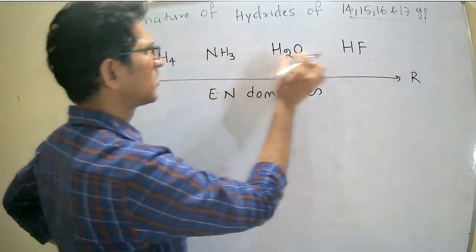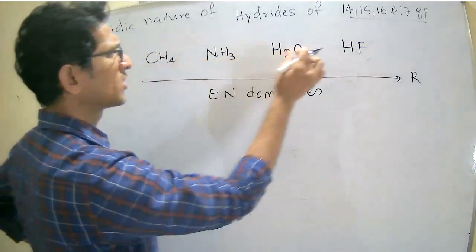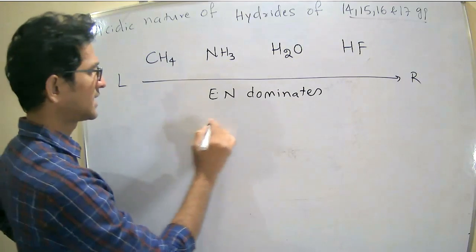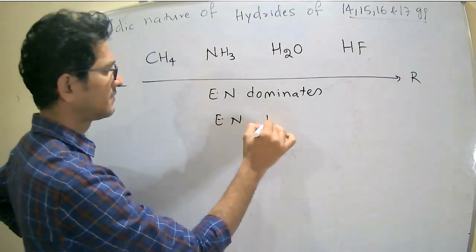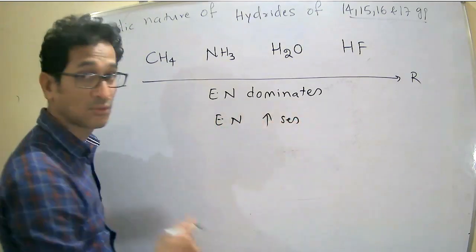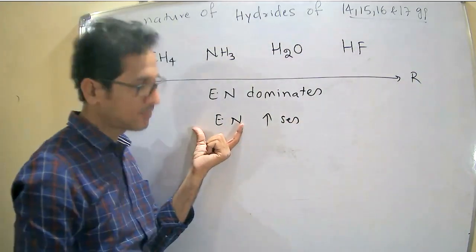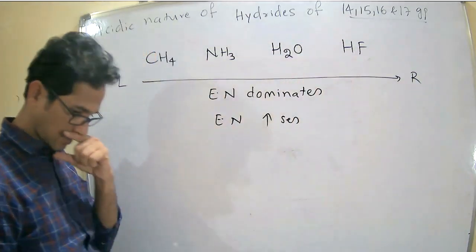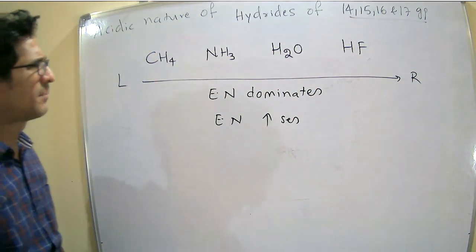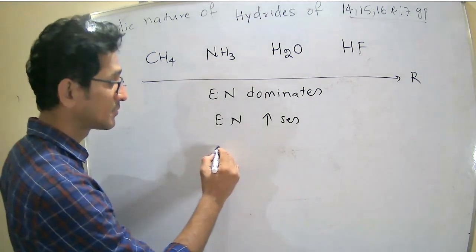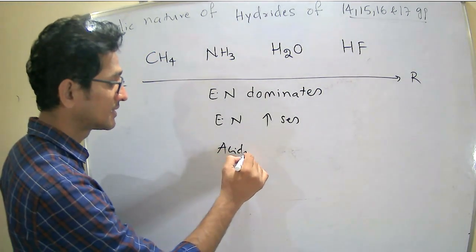Carbon, nitrogen, oxygen, and fluorine. Among all these, what happens from left to right? Electronegativity increases from left to right. What happens if electronegativity increases? Acidic nature increases.